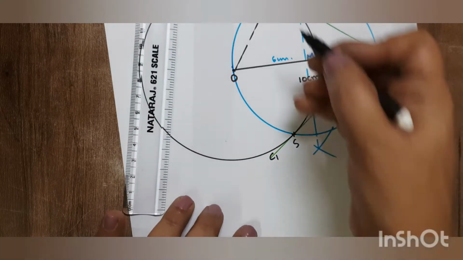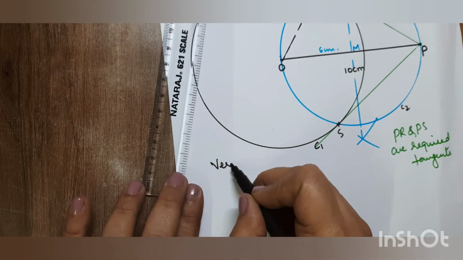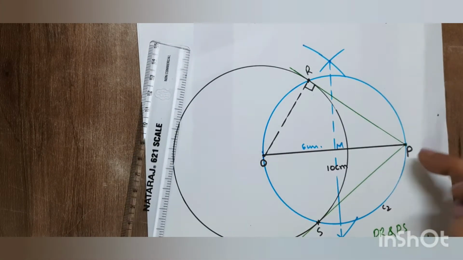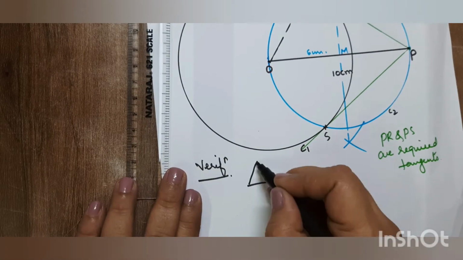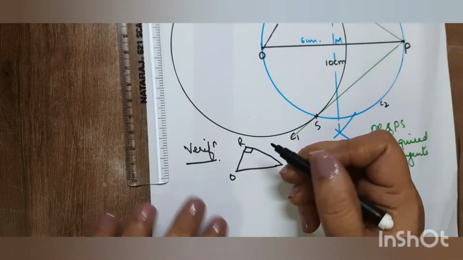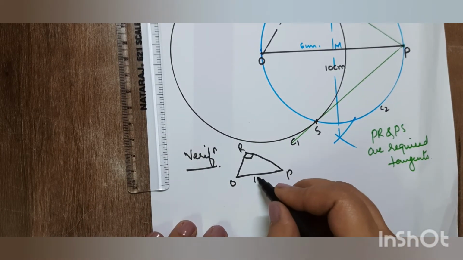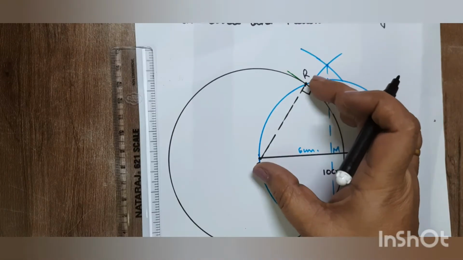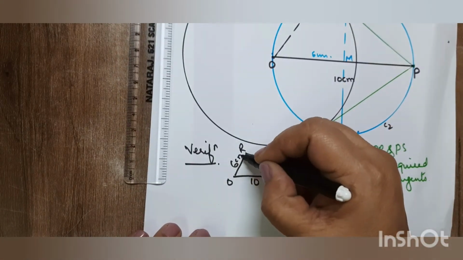If I take up that triangle over here for verification, triangle ORP, you can draw it here. This is not necessary. So ORP in this case. So the distance here is 10 centimeters. Radius is 6. This part is the radius, so it is 6 centimeters.